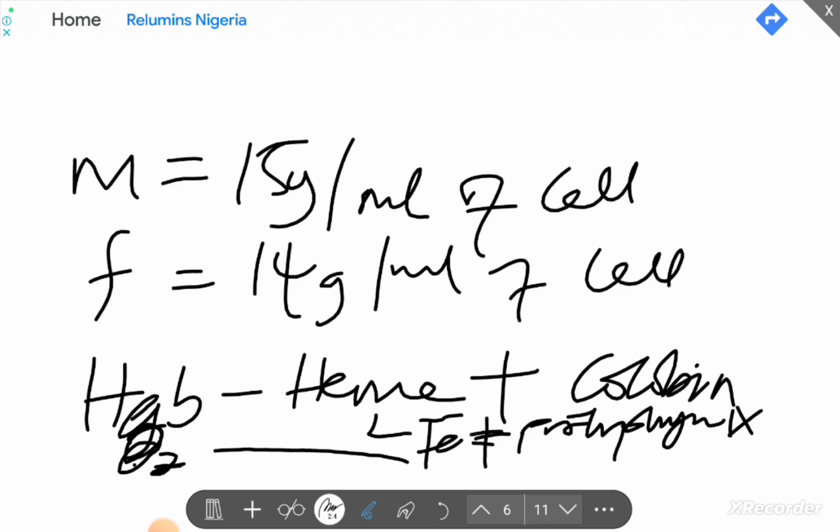Now, since you have looked into how much red blood cell you can have in circulation, the count is about 5.2 million per cubic millimeter for male, while for female it is about 4.7 million per cubic millimeter, plus or minus 300,000 for both sexes.